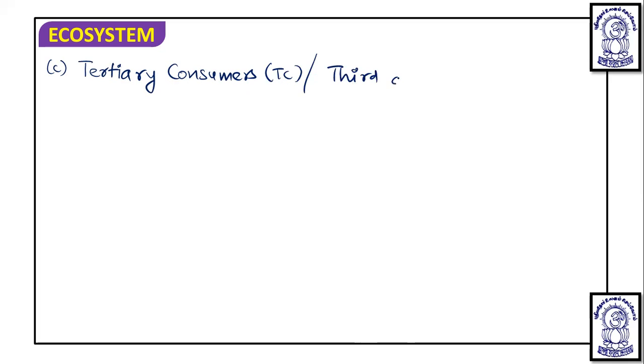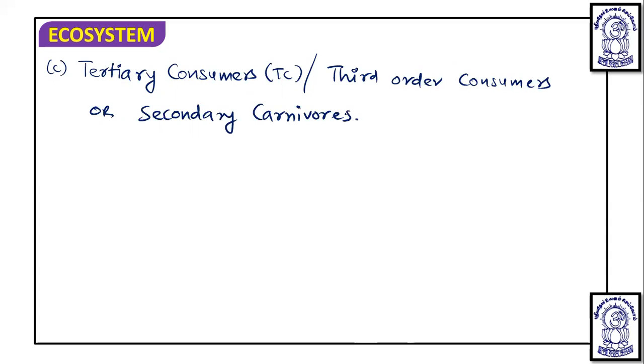Now after this, the third are the tertiary consumers, or third order consumers, or secondary carnivores. They are specifically dependent on the secondary consumers.